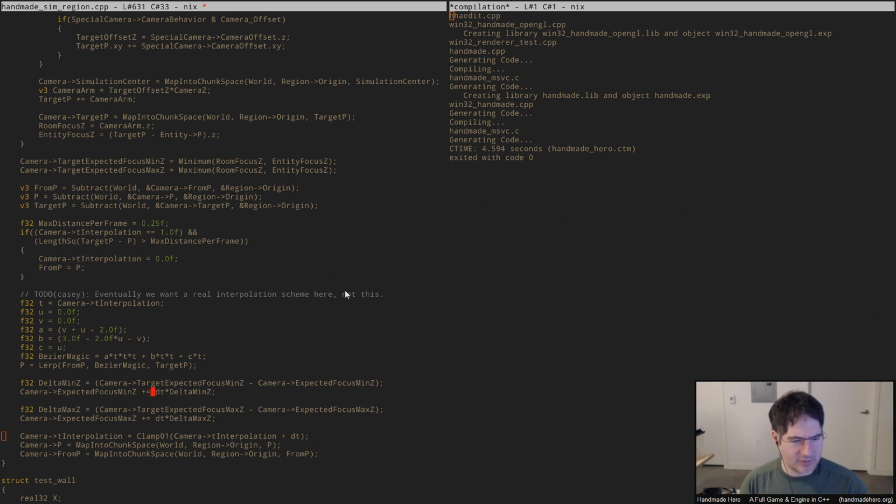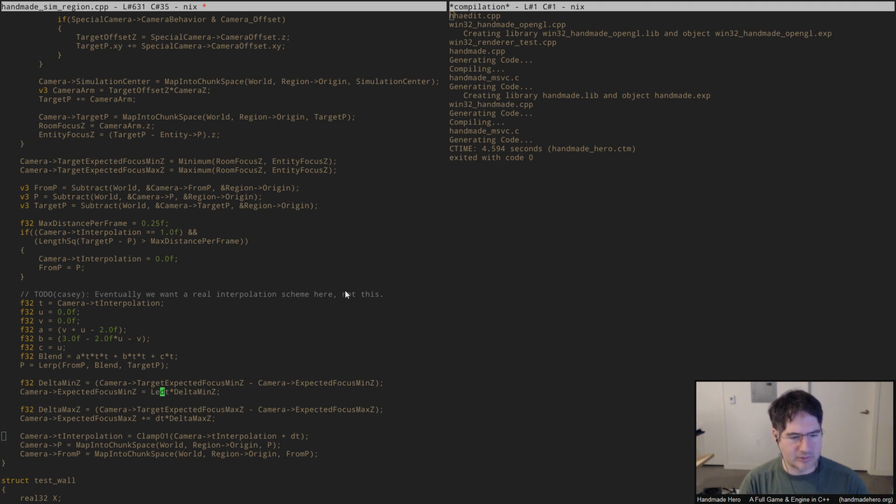What I do want to do here though is I would like to make these be something that goes off of the Bezier magic, so they would just interpolate the same way everything else interpolates, right? Because once we've made our blend here, so I think this is our blend factor. Once we've computed what that blend factor is, I would like to use it for everything.